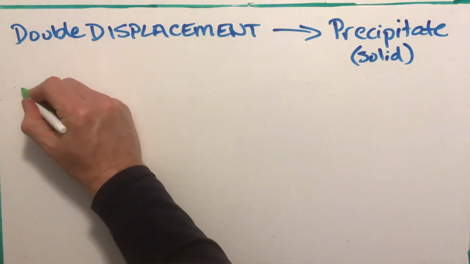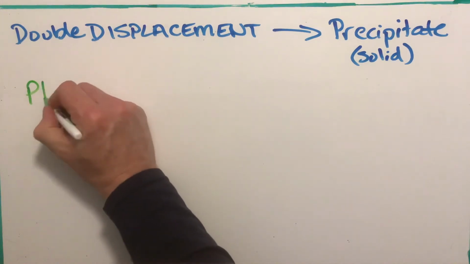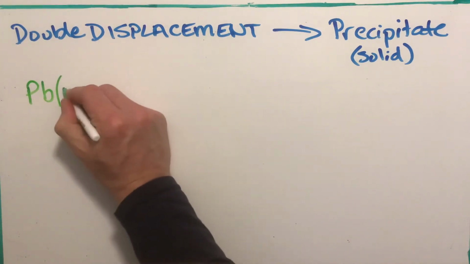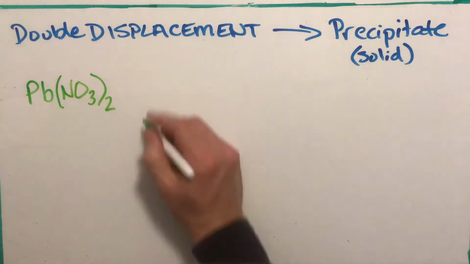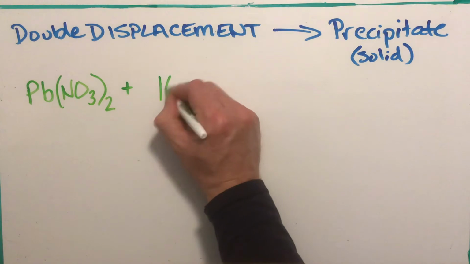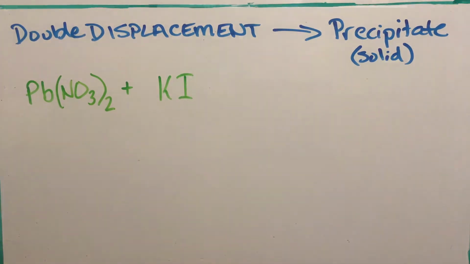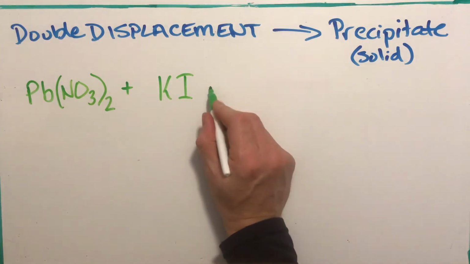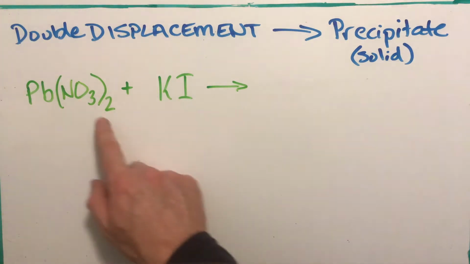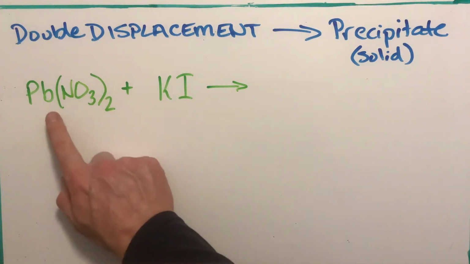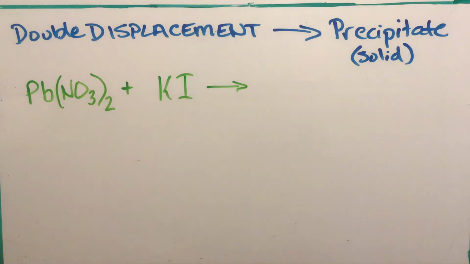So our first example, we're going to take lead(II) nitrate, so Pb(NO3)2, and we're going to add it to potassium iodide. All right. So there's the beginning of the reaction here. Now, I'm going to form the products the same way we would in grade 10. So I know this is lead(II) nitrate. We figured out how to figure out shifty metal charges in class earlier this year.